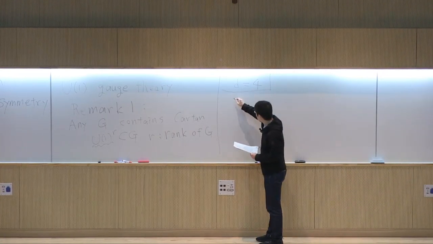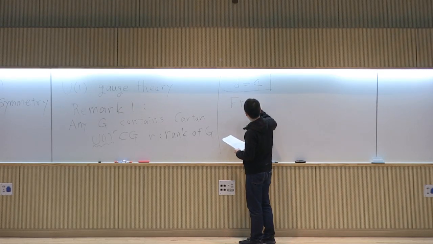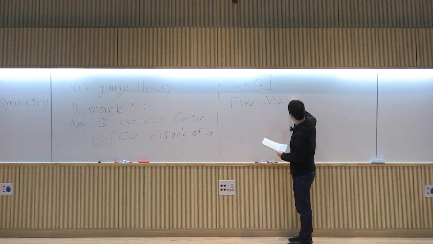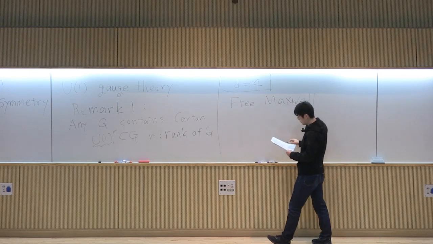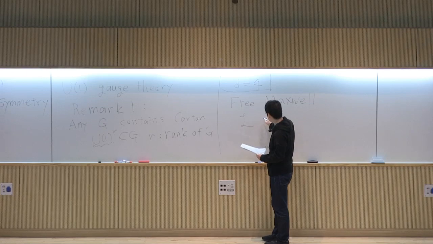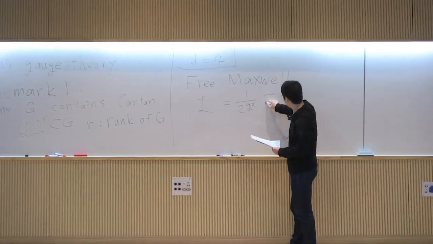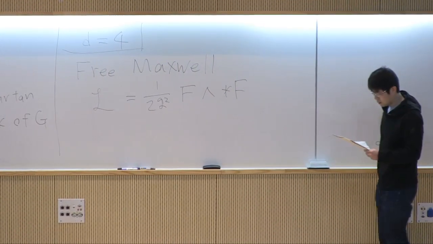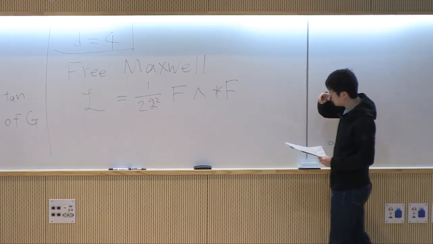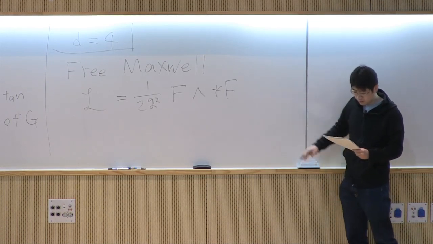Okay, so let's start. I just consider free Maxwell theory. The Lagrangian is very simple. It's just 1 over 2g squared, F wedge star F. For simplicity, I just set the theta angle to 0.